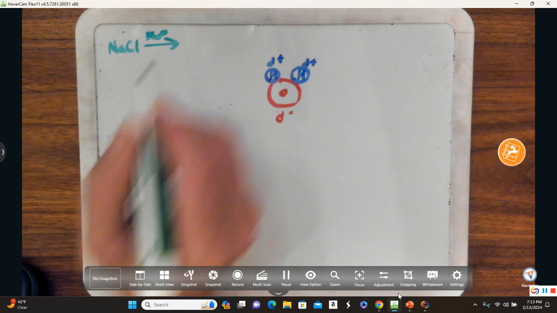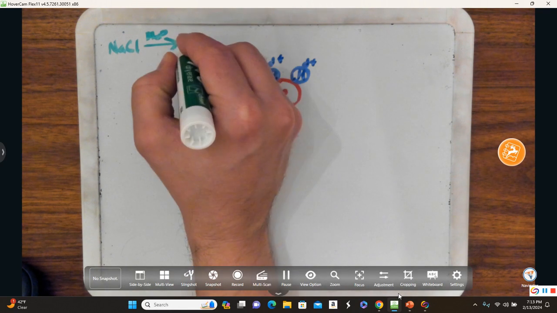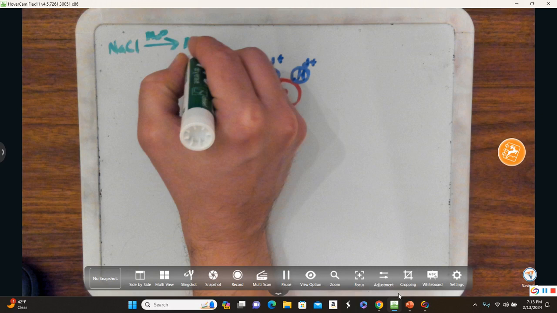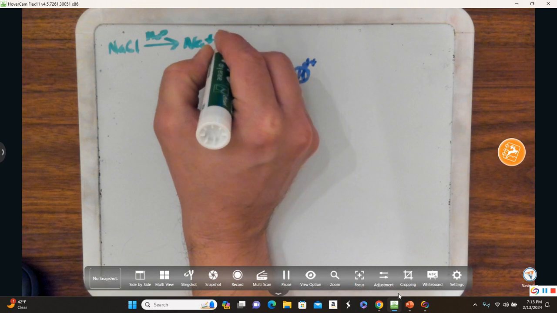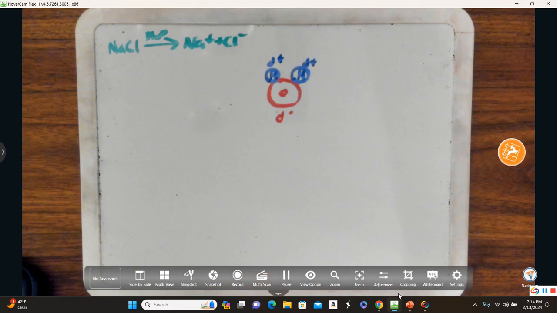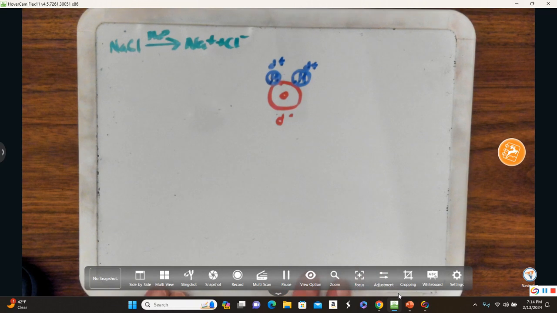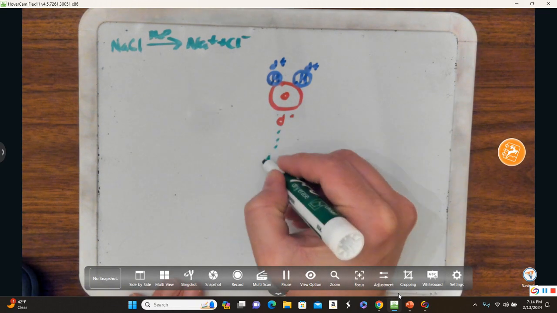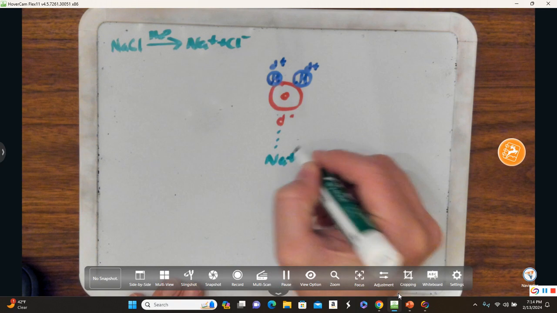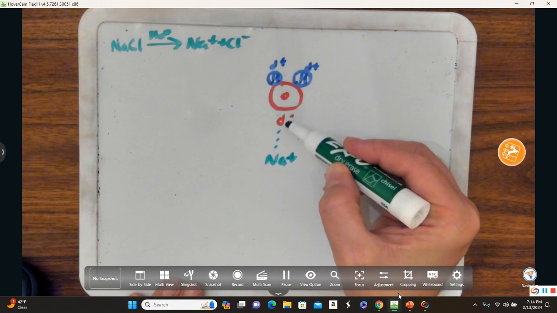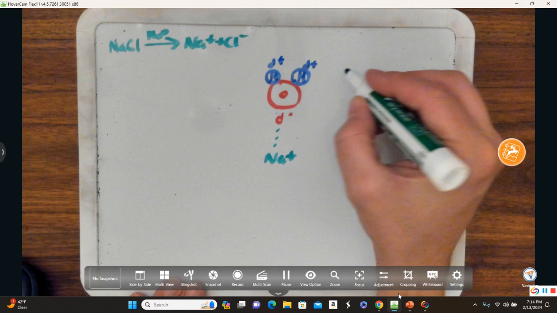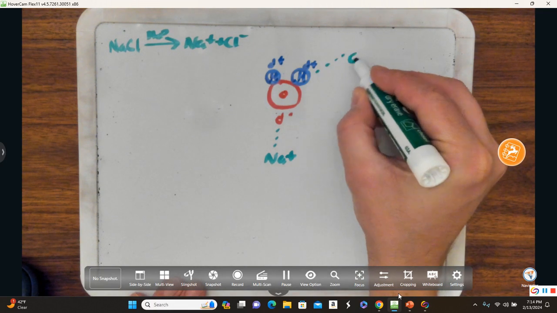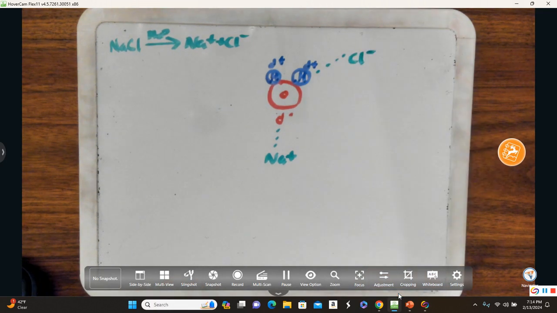I put it in water. This will ionize or dissociate and form Na plus and Cl minus. Now what's going to happen here, guys, is this Na plus is going to interact with the opposite partial negative of water, and the Cl minus is going to interact here.